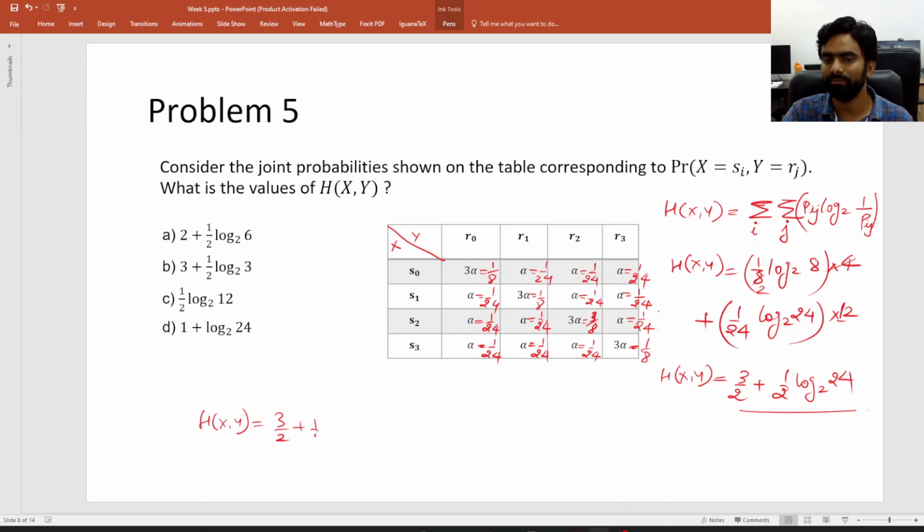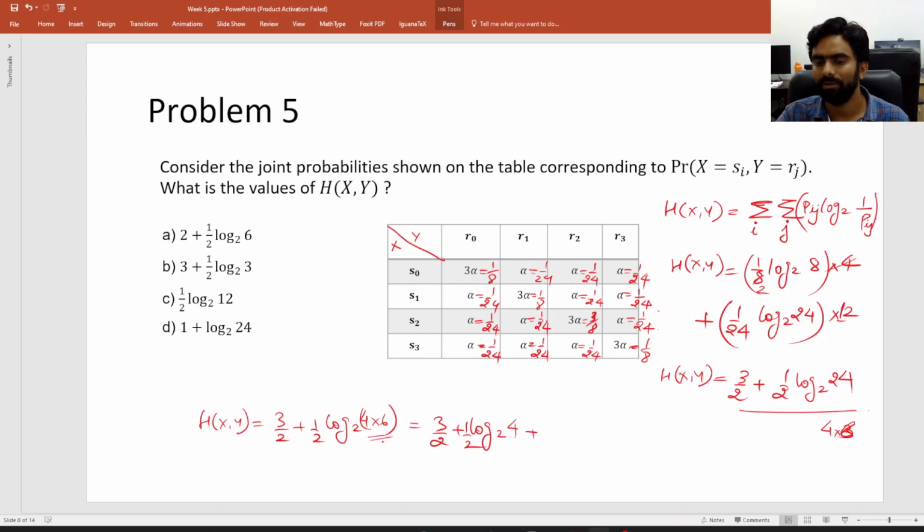Log 24 can be written as 4 into 6. So 3 by 2 plus half log base 2 of 4 into 6.